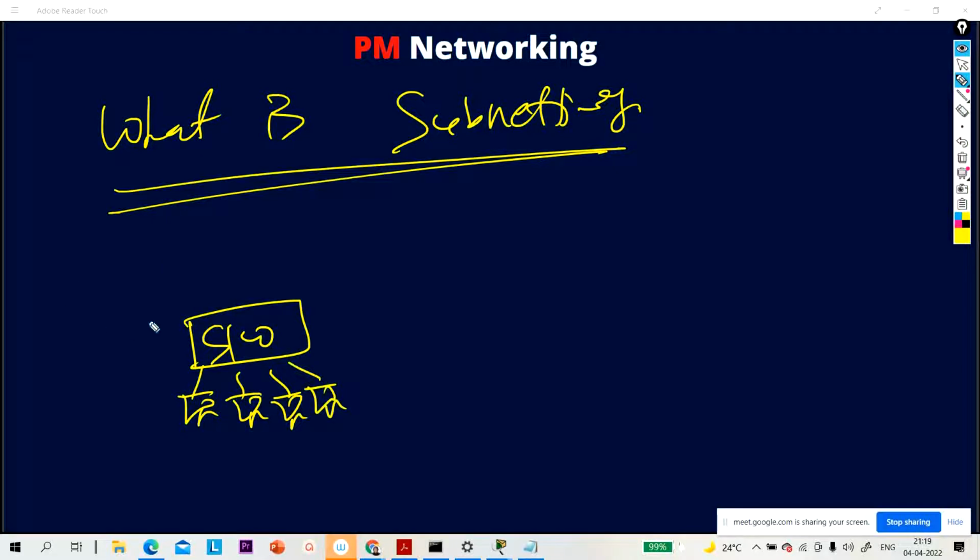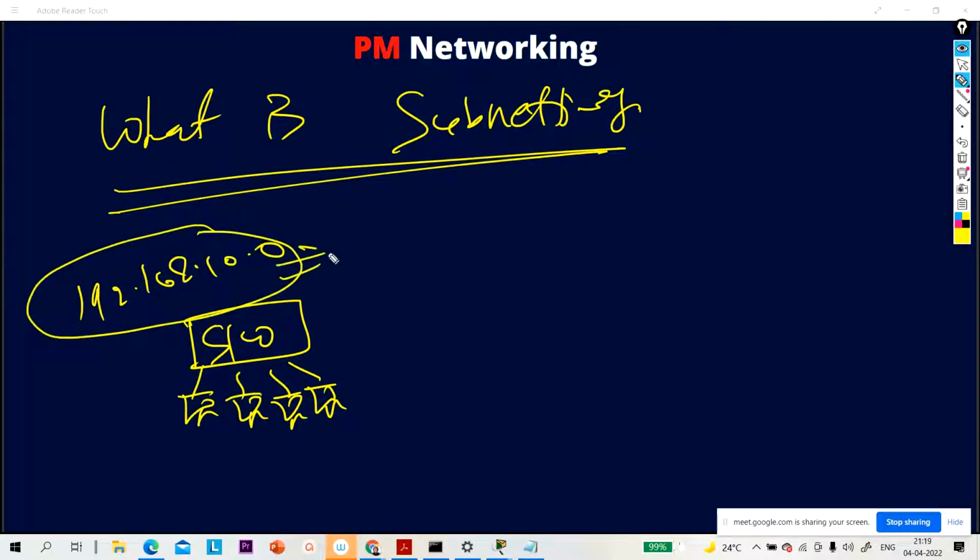But if I use 192.168.10.0/24, by default the subnet mask is 255.255.255.0, so this is a large network. You will get 250 IP addresses from this network, but you are using only 50 hosts.